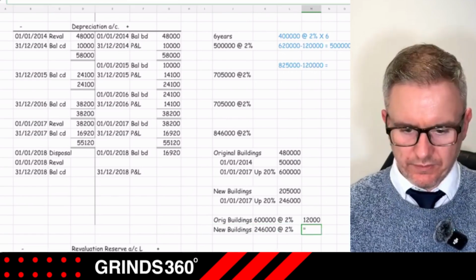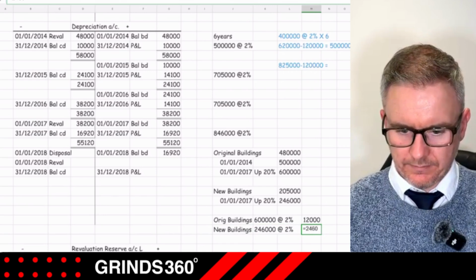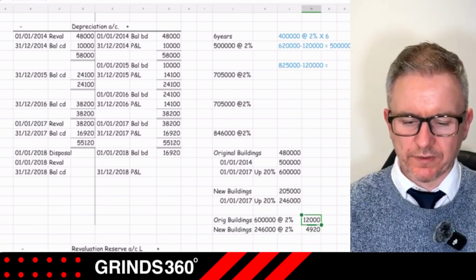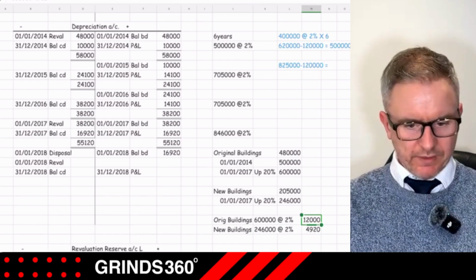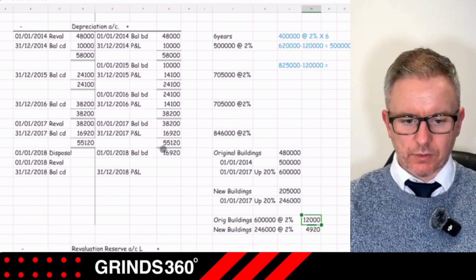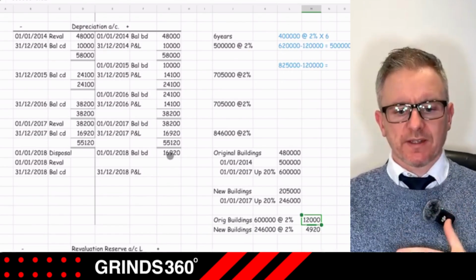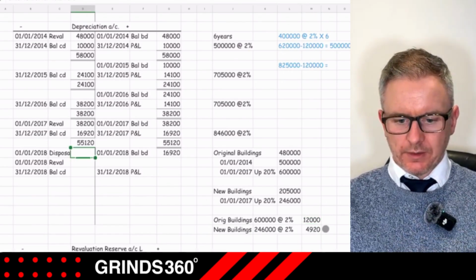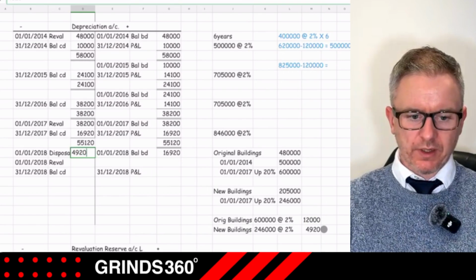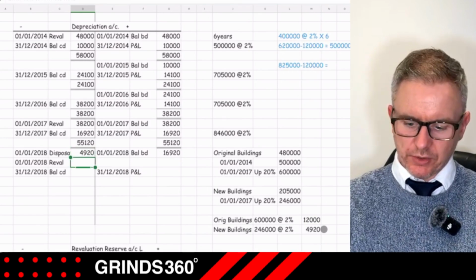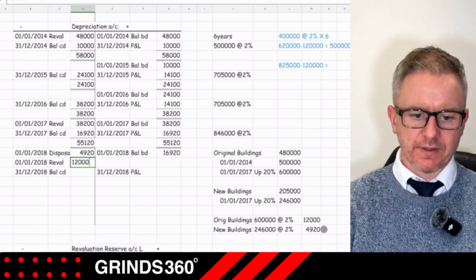So 246 at 2%. So 4920. And if you look, all right, the 12,000 and the 4920, that totals to the 16920. So that full 16920 has to be wiped out. So the disposal, the new buildings, you're wiping out the 4920 that had been charged, and then the revaluation, you're wiping out the remaining 12,000.